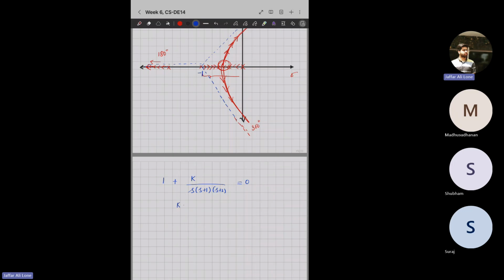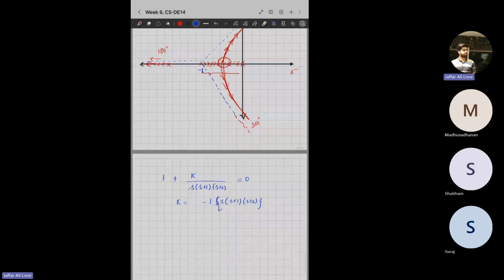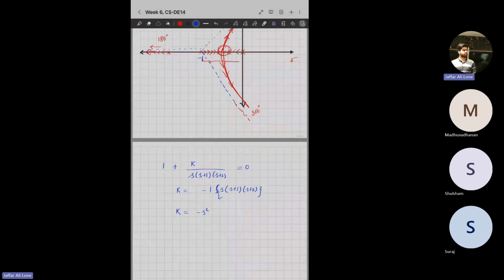So I can write k equal to minus 1 into s into s plus 1 into s plus 2. If I solve it, what will I get? Minus s square minus s, then s plus 2.